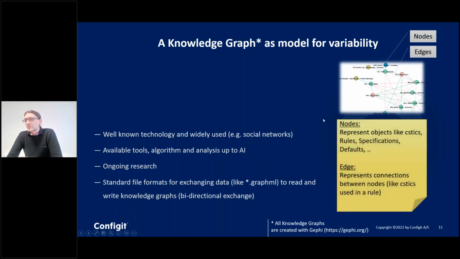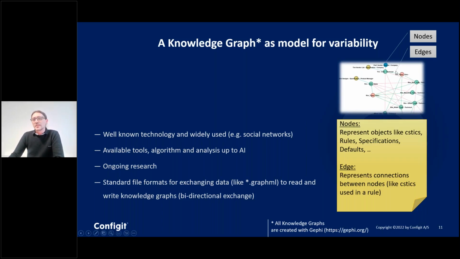So a knowledge graph, for those of you who never heard about that, is simply spoken a lot of dots with lines in between. The dots are nodes or vertices in the graph, and they represent objects in your product model. That could be a characteristic, a component, a rule, a specification document, a default, whatever is related to the variability of your product.